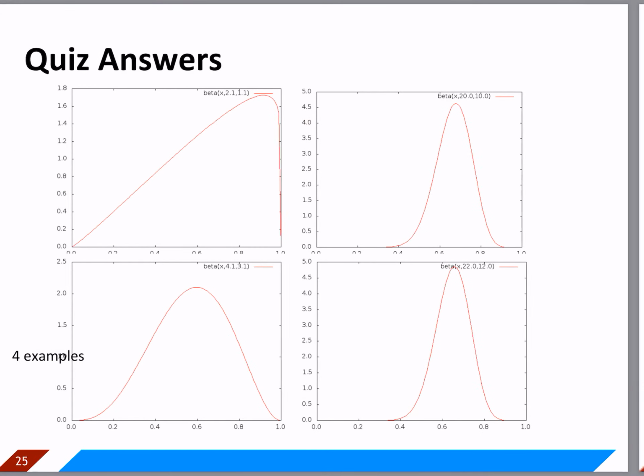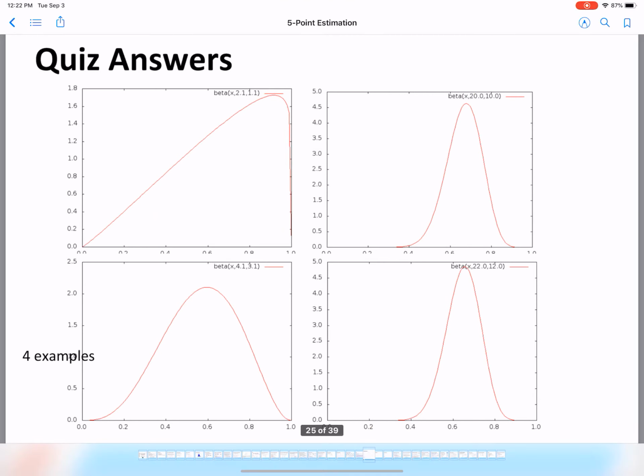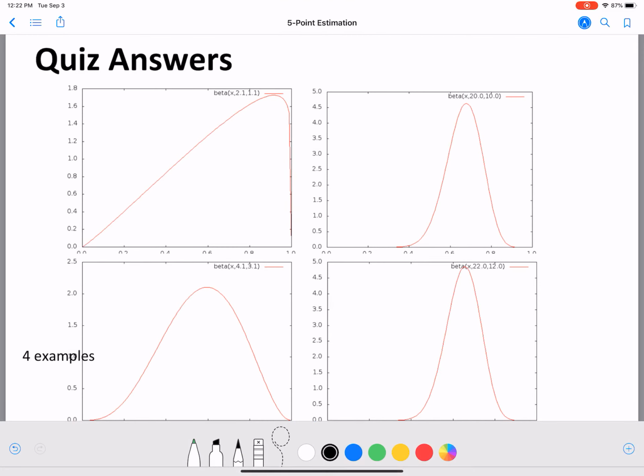Okay, so let's first look at the first data set, 4 examples. These two are just the priors. And the bottom 2 graphs are the posteriors.